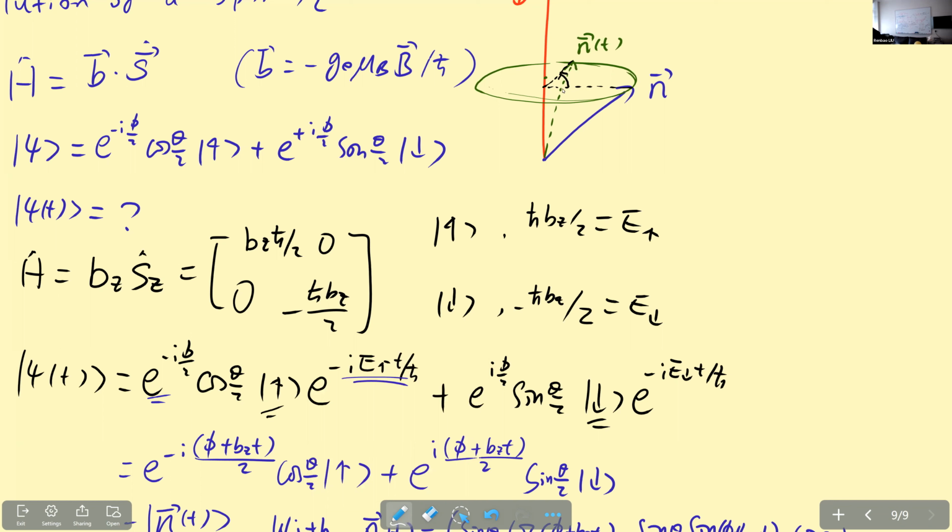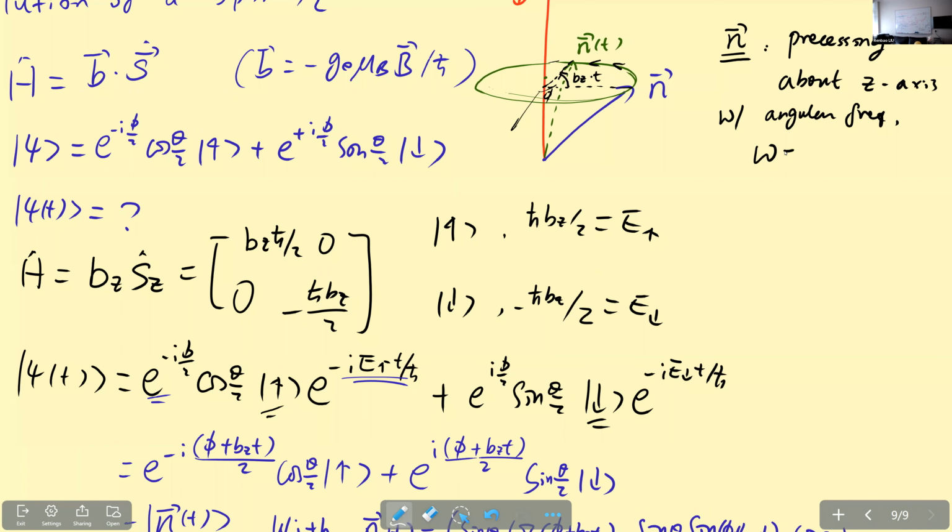Remember, this one originally is, say, phi, right? And the change is Bz times t. Right. So that means if you look at this Bloch vector, this n actually is precessing about the z-axis with angular frequency omega equal to Bz.